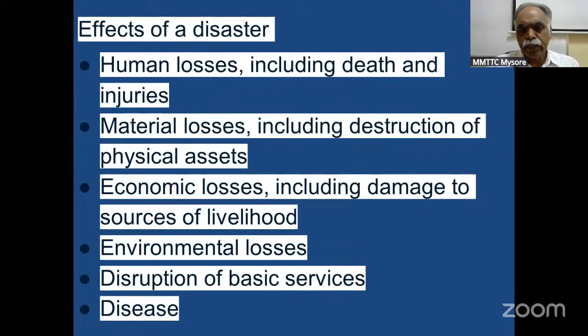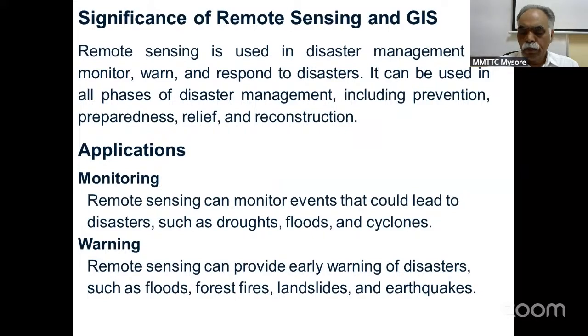And the effects of disaster mean human losses, including death and injuries; material losses, including destruction of physical assets; economic losses, including damage to sources of livelihood; environmental losses; disruption of basic services; and development of diseases. So these are the various aspects of disaster.